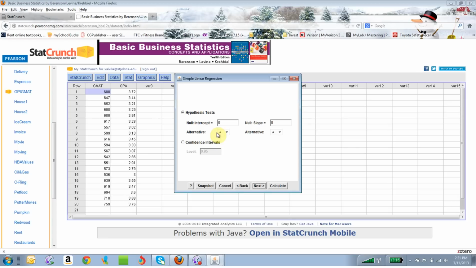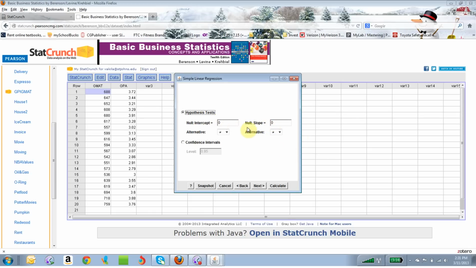It gives me the option to use it for test of hypothesis or use it for confidence interval. Unfortunately, it doesn't give both of them at the same time. If I choose confidence interval, I cannot use the test of hypothesis. So I can do it in two steps. It can test for equality of y-intercept to 0, also equality of slope to 0.